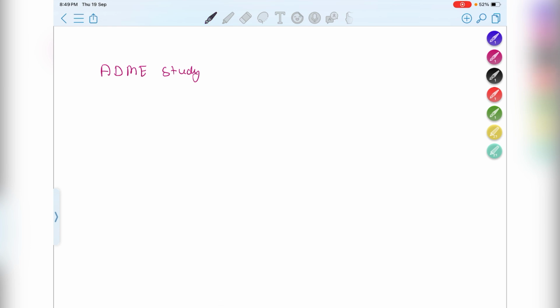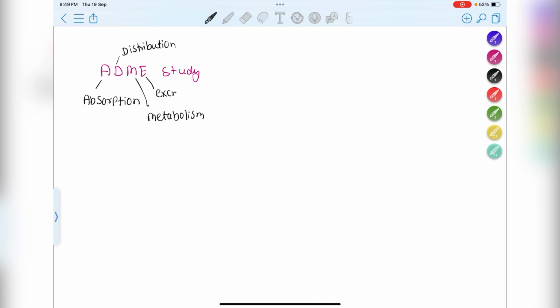A for absorption, D for distribution, M for metabolism, and E for excretion. Okay, so these four things we study in pharmacokinetics.